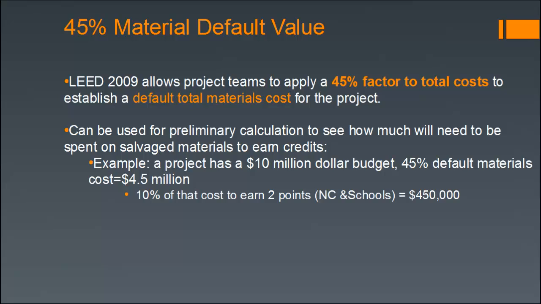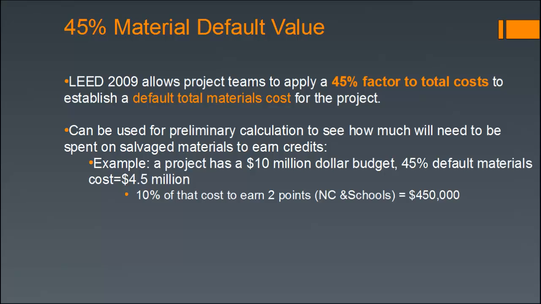For example, a project that has a $10 million budget, the 45% default material cost equals $4.5 million. So 10% of that cost to earn 2 points for this credit would equal $450,000 spent on reused materials.